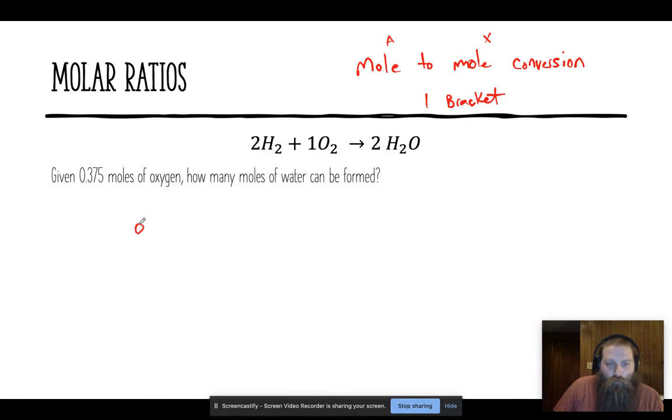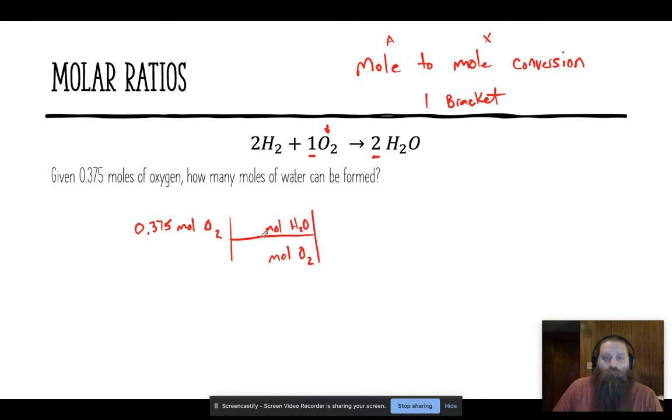So let's set it up. Our given is 0.375 moles of O2, molecular oxygen. That means moles of O2 goes on the bottom. Because I have a balanced equation, I can compare the molar ratios of oxygen to water. So I can convert moles of O2 to moles of water.